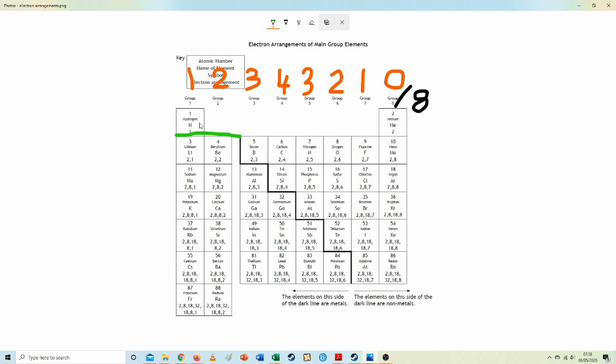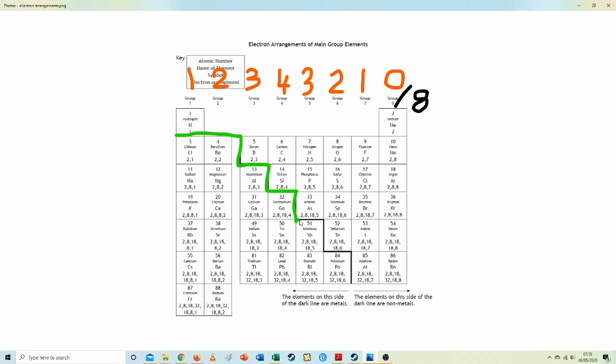It counts as one of our non-metals. Then, as you'll see on this little bit here, the elements on this side are metals, the elements on this side of the dark line are non-metals. So this is our staircase through the periodic table, and it shows us what is a metal and a non-metal.